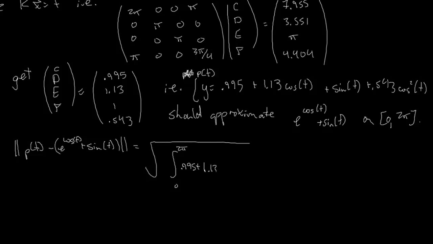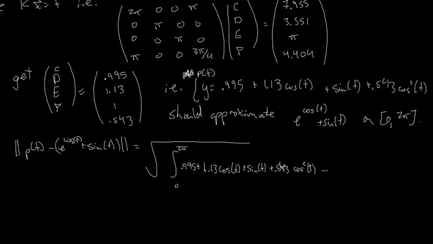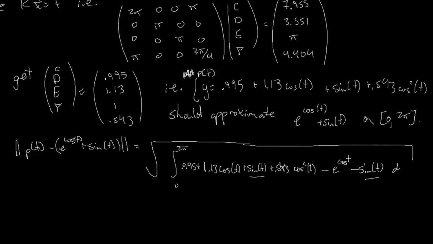So it's 0.995 plus 1.13 cosine t plus sine t plus 0.543 cosine squared t minus e to the cosine t minus sine t. You see those sine t's cancel out. That was on purpose. Oh, no, this whole thing has to be squared. The integral of the function squared. Take the square root of that.